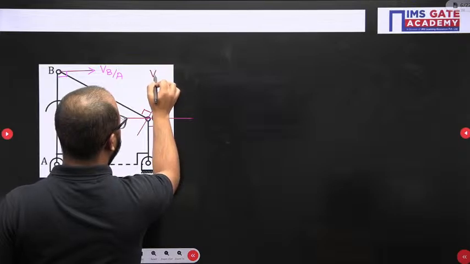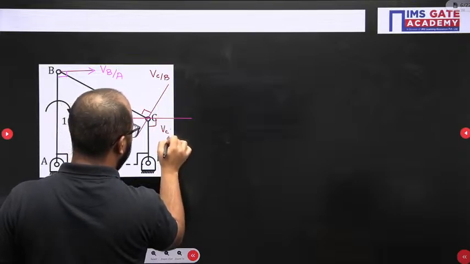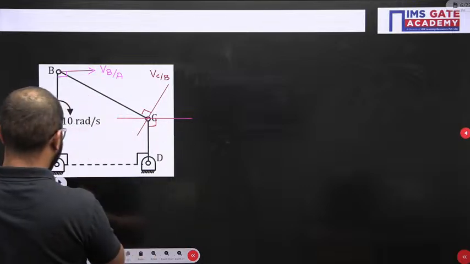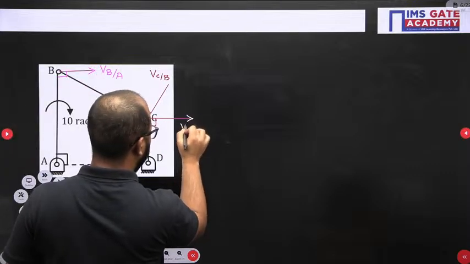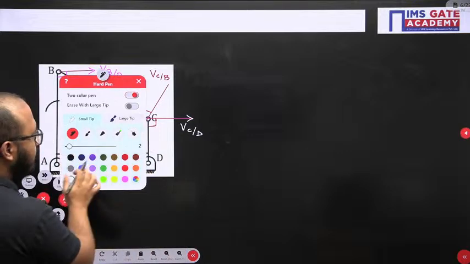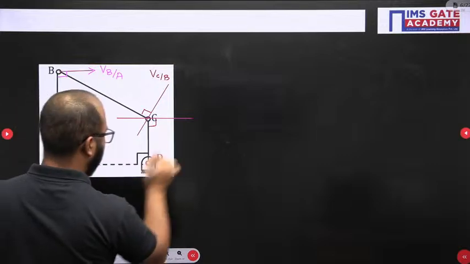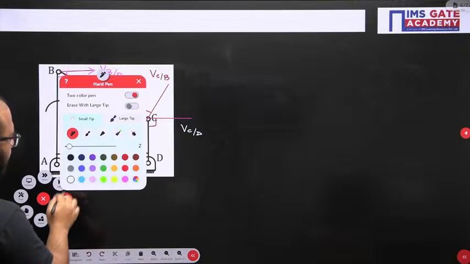This is the velocity vector of C with respect to B. This is the velocity vector of C with respect to D.